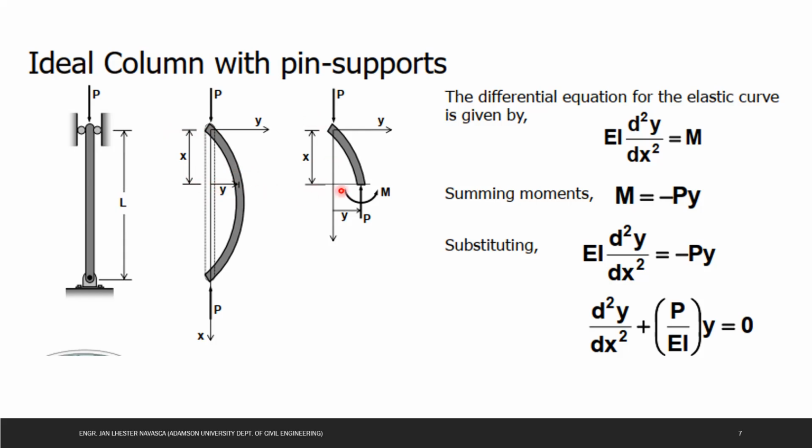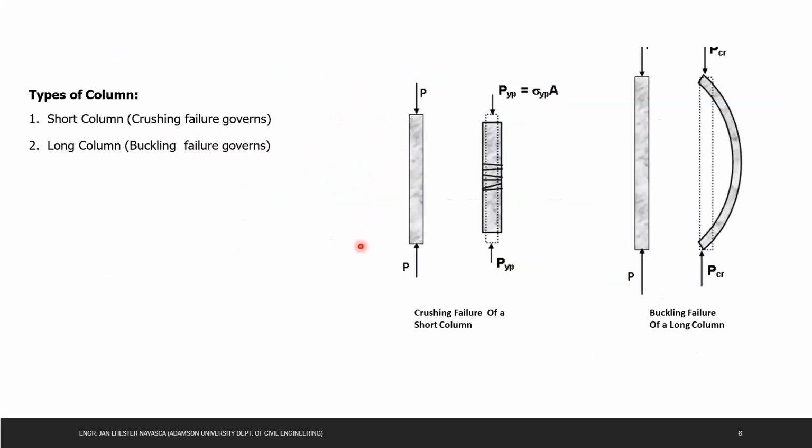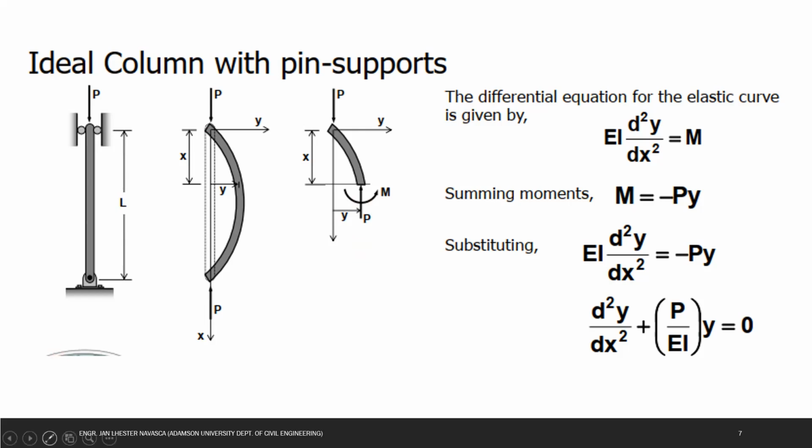So if we draw a free body diagram, we have this one. Summing forces vertically, if we have a point load at the top P, therefore we have a reaction at the bottom, a vertical reaction with P. Then summing the moments of our free body diagram, the moment is basically P times Y, or the force times distance.